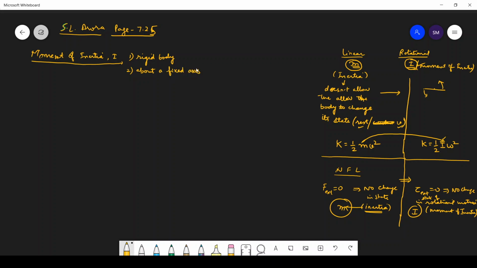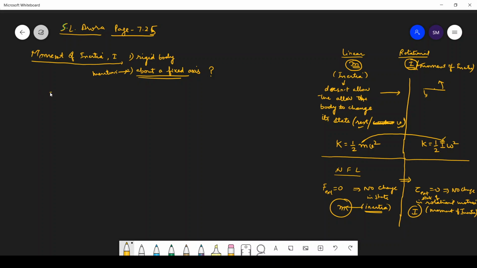Whenever you write the moment of inertia, you have to mention the axis. About which axis are you talking about the moment of inertia?